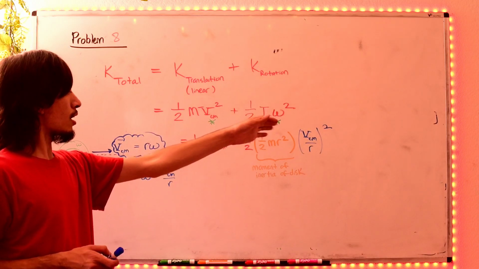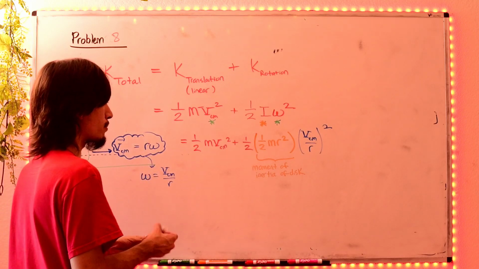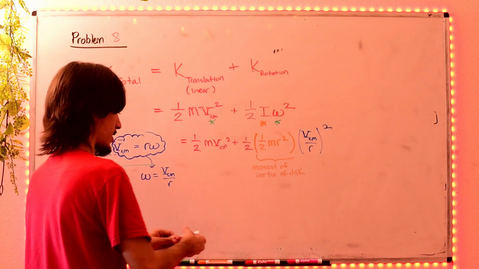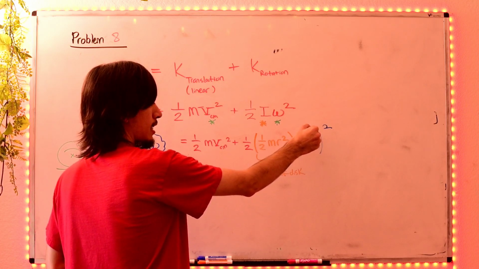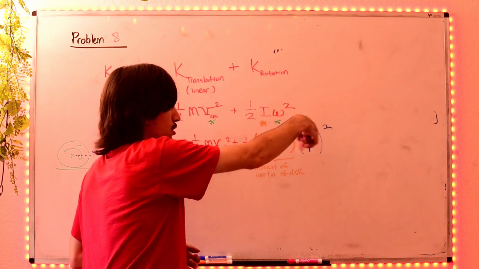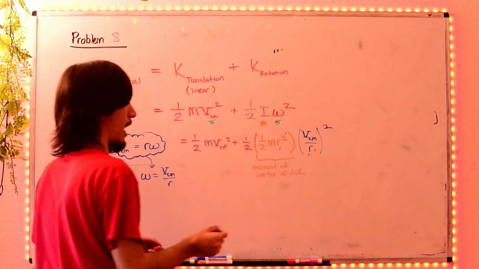Now with this, you could plug in the numbers, but there are simplifications that you can make so you can avoid chances of making mistakes when you calculate it. The simplification is that because this entire thing here is squared, so it's v squared over r squared, the r's will all cancel out.